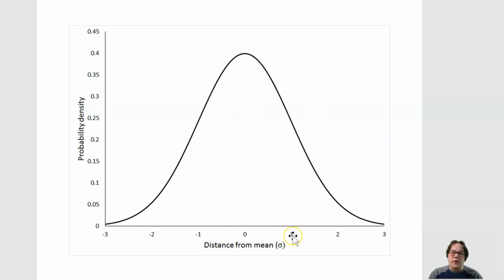And this 1 here and this -1 on this side represent one standard deviation away from the mean. So +1 would be one standard deviation above the mean, and -1 would be 1 standard deviation below the mean. -2, 2 standard deviations below the mean. +2, 2 standard deviations above the mean, and so on and so forth.